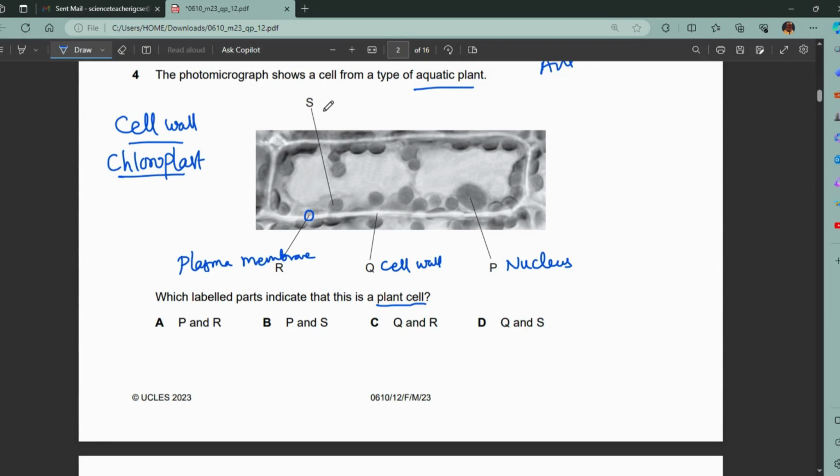S is a chloroplast. It's the dark green one. These are the chloroplasts. So we have chloroplast, and the second one is cell wall. The most important ones are Q and S. That's option D. Q and S is the correct answer for this.